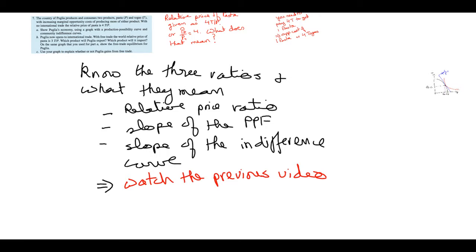Finally, the slope of the indifference curve gives us the ratio of the marginal utilities of X and Y, or the good on the x-axis and the good on the y-axis in the consumer's mind. In other words, it tells us the trade-off a consumer is willing to make between y and x.